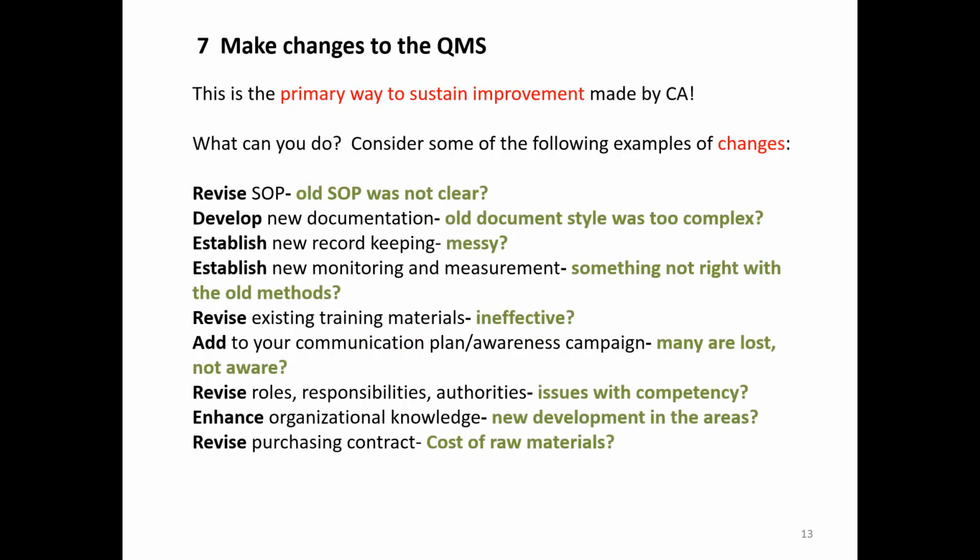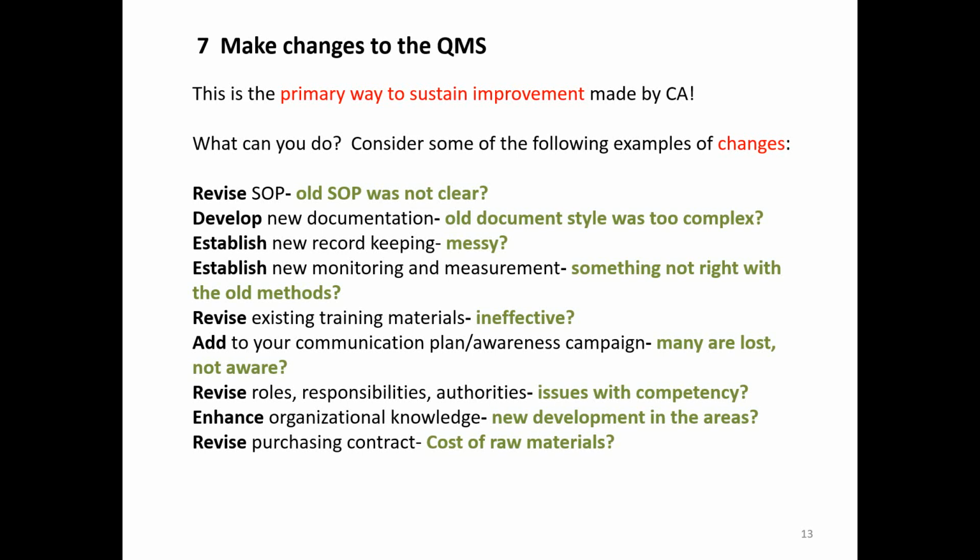Okay. Number 7 is about making changes to the QMS. This is the primary way to sustain improvement made by the corrective actions. Well, people will forget. They have a tendency to go back to the old ways. So you must always do changes.